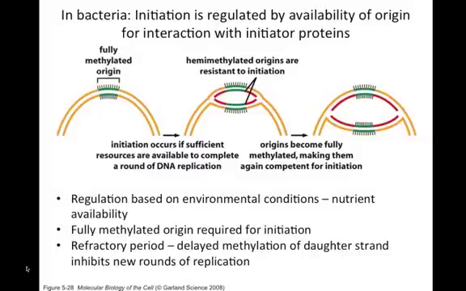Think of these modifications as changing the shape of something, and it's going to affect interaction based on whatever needs to bind. Just like phosphorylation, sometimes it will encourage something to happen, sometimes it will inhibit. Same thing with methylation. Sometimes it will encourage gene expression, sometimes it will inhibit. And in this case, methylation is required for binding of initiator proteins. So that's the shape that those initiator proteins need. Make sense?